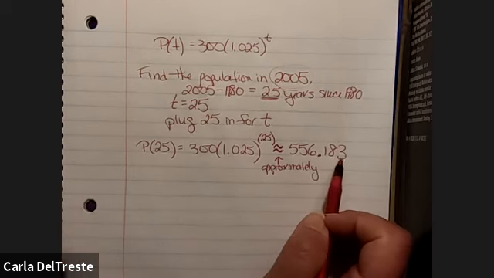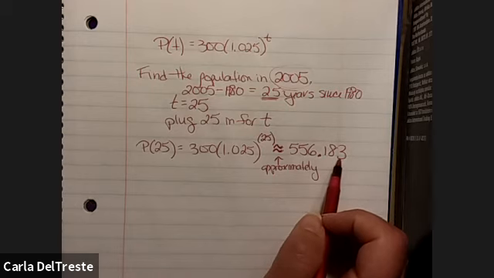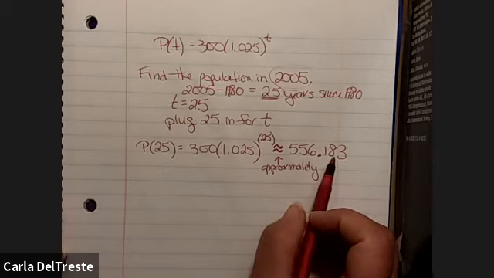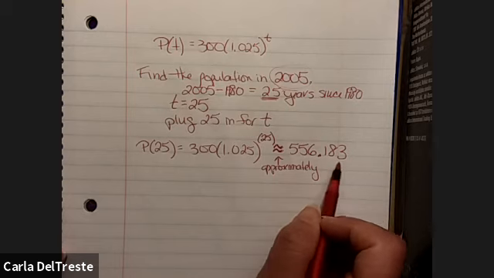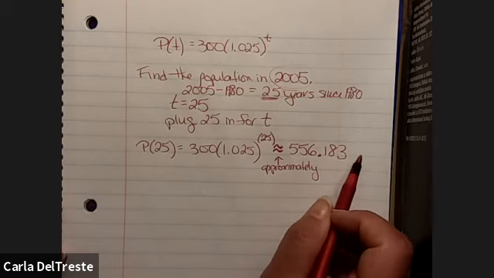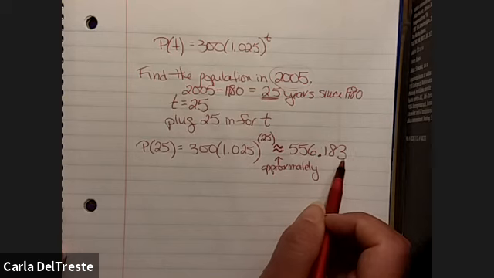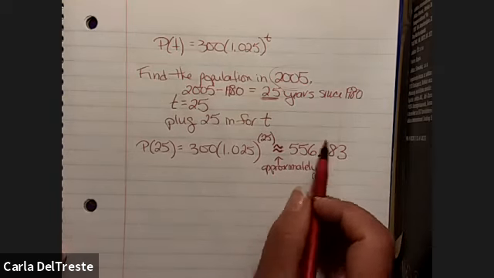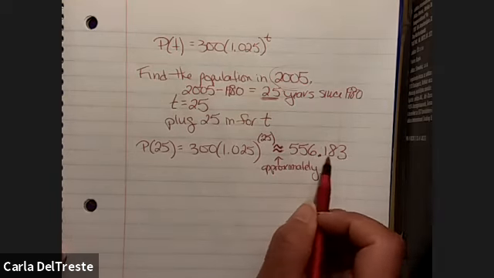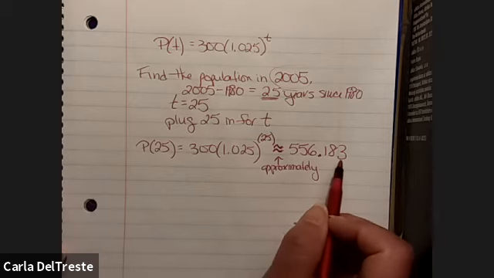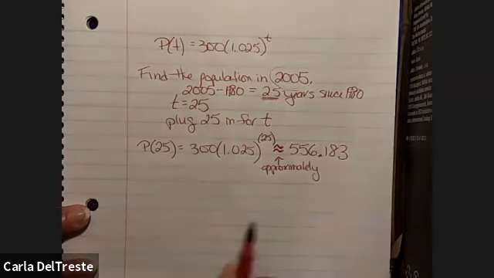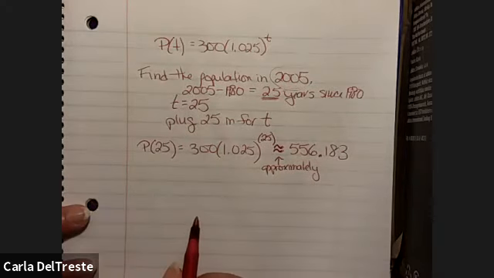The reason why I'm going out to 3 decimal places is because I know that my units on output were thousands of people. I know that thousands of people has 3 zeros. It's got 3 other decimal places. So I want to make sure that if I talk about this in thousands, I have enough decimal places where I can read this as thousands. So now I can write all of this in a complete sentence.